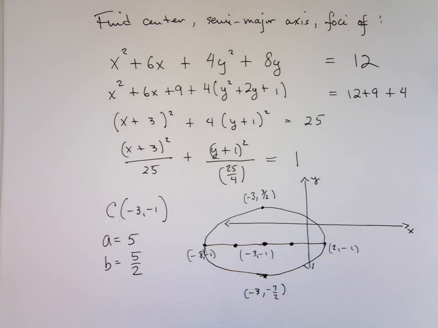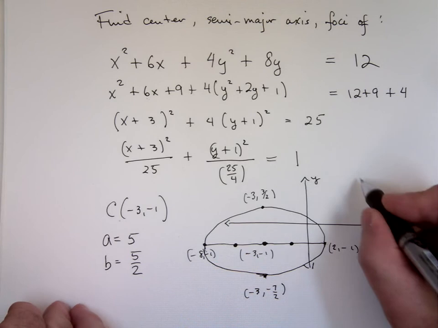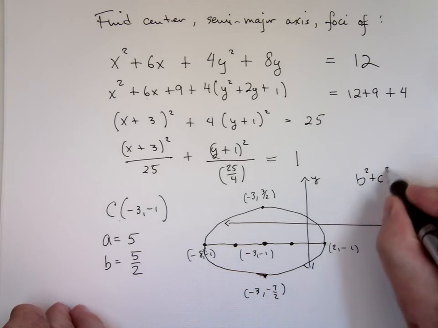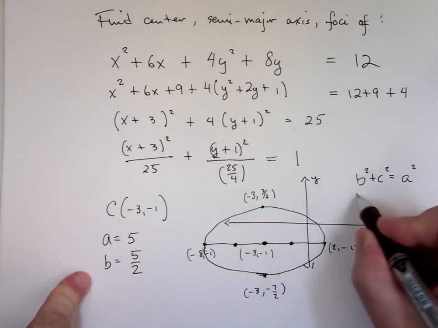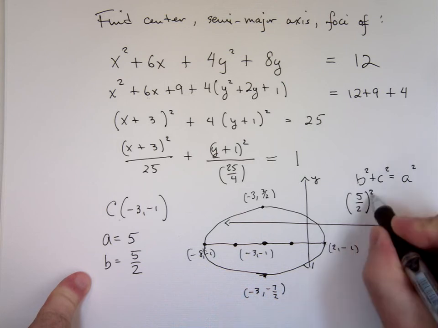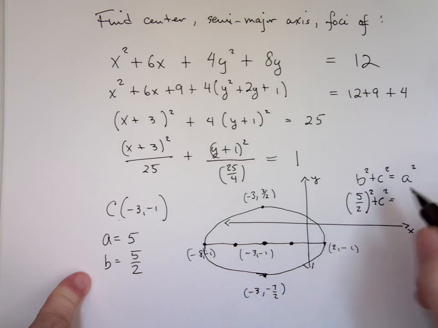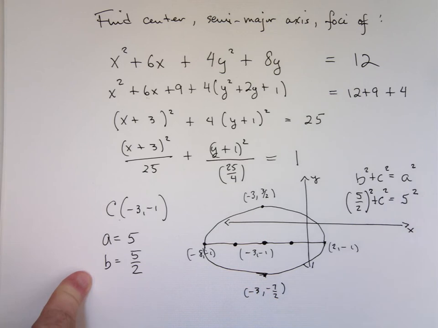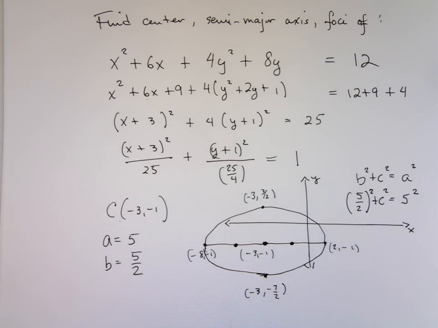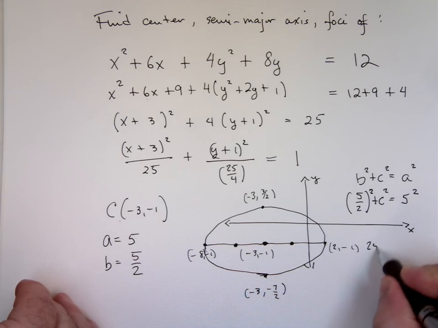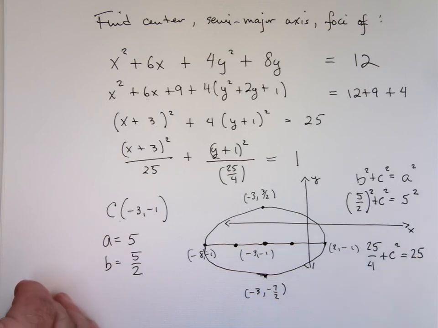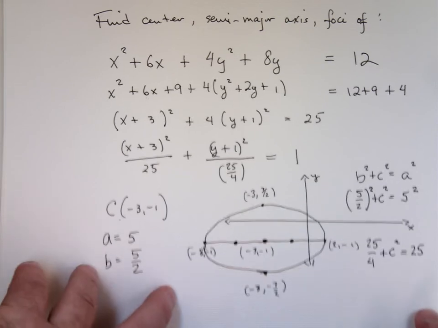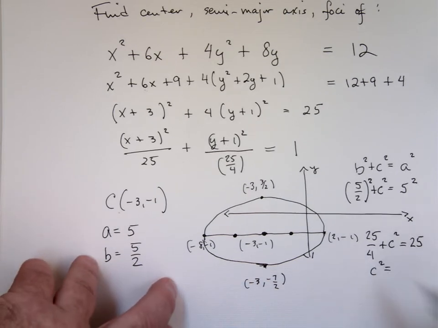We know that b squared plus c squared is equal to a squared. (25/4) plus c squared is equal to 25. c squared is equal to 75/4.